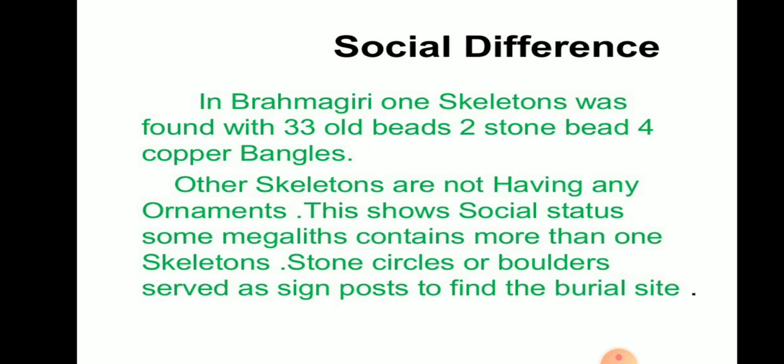Sometimes one megalith contains only one skeleton, and sometimes we find more skeletons. So stone circles or boulders serve as a signpost to find the burial site. And after we study there, we find there was social difference in society in ancient time.